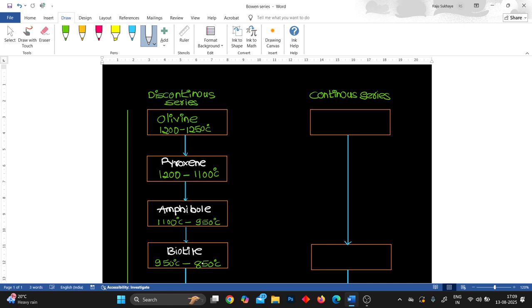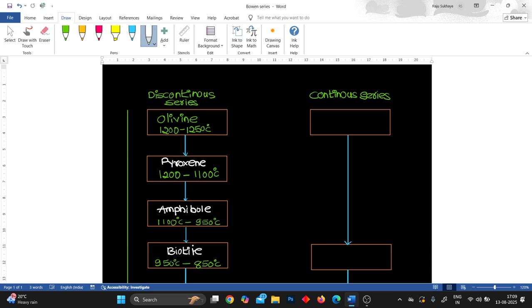This means the temperature of the magma has reduced and reached about 950 to 850. In this temperature range itself, the mineral biotite is going to form.